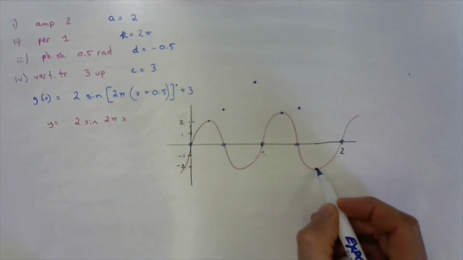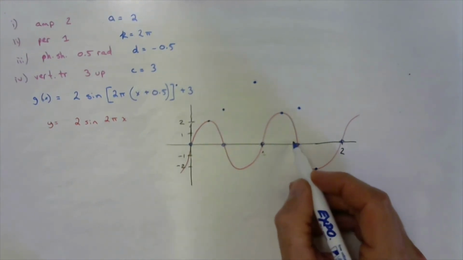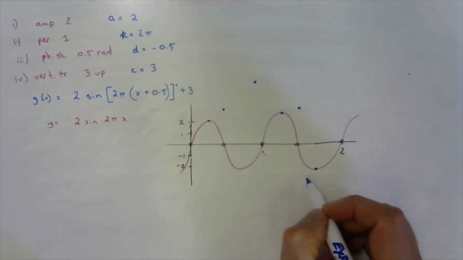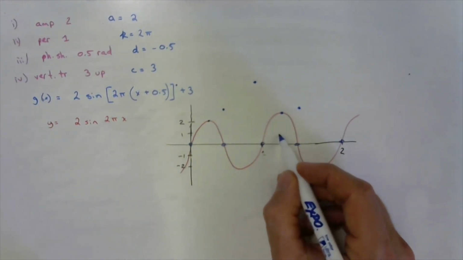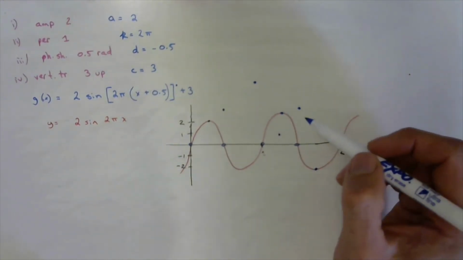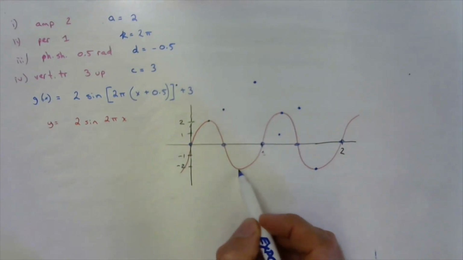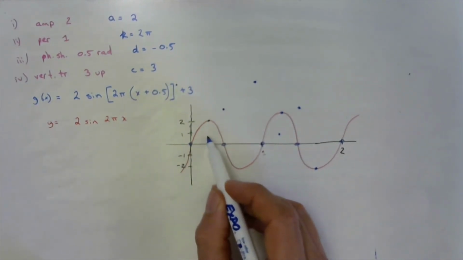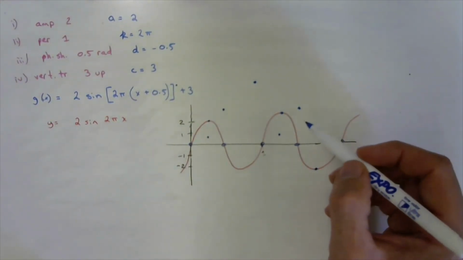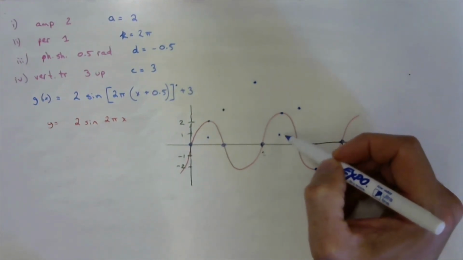Take my minimum points, 0.5 to the left, 3 up. And see what kind of curve we end up with here.